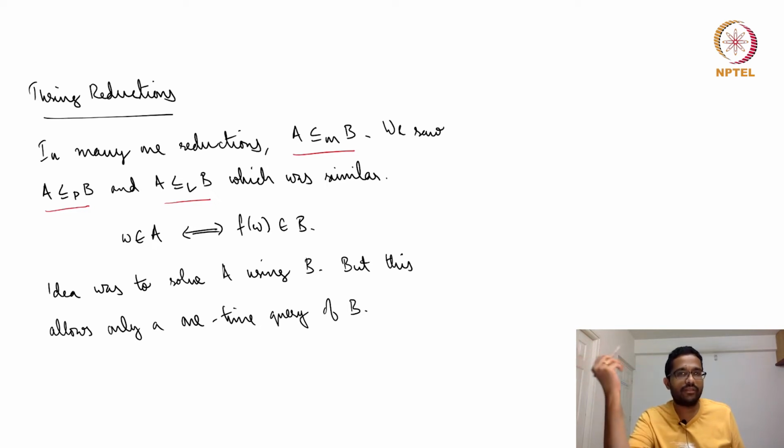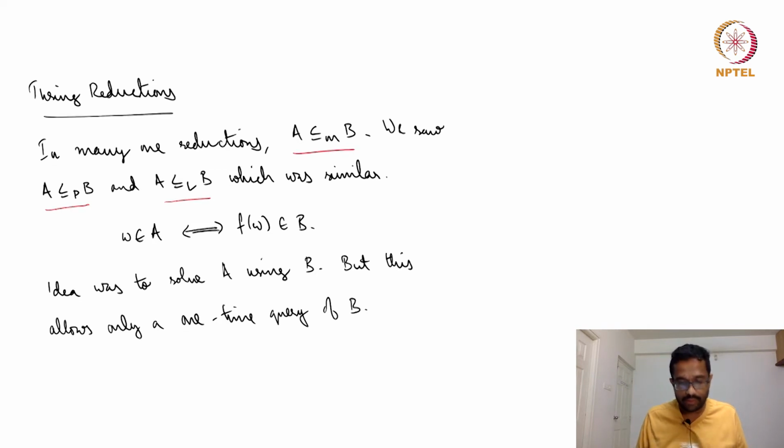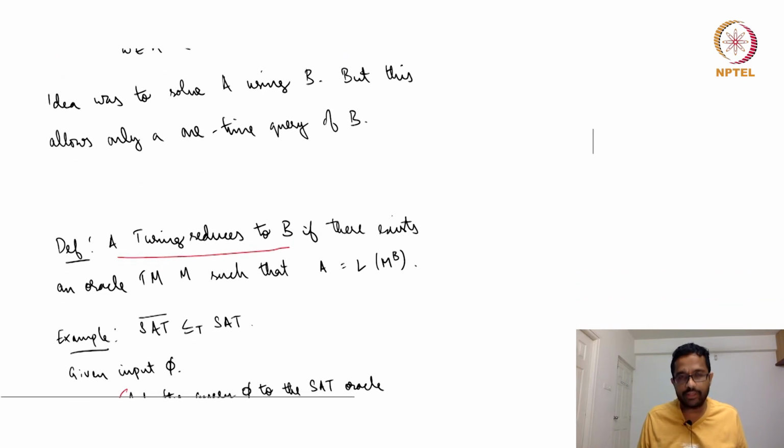So why not ask the B decider many times? Do we get any advantage out of that? Do we get any benefit by allowing ourselves the greater possibility of asking B many times? So that is what Turing reduction does. So Turing reduction is basically an access to an oracle of B. So when you have access to an oracle, you could ask queries to the oracle multiple times, not only once, right?